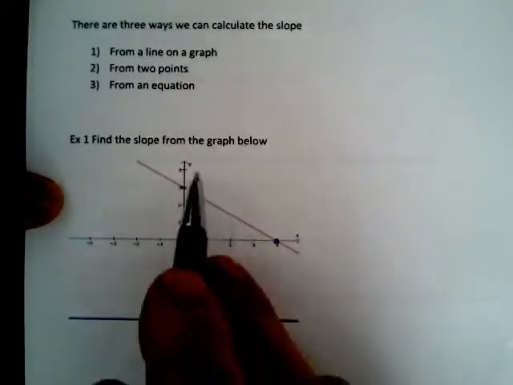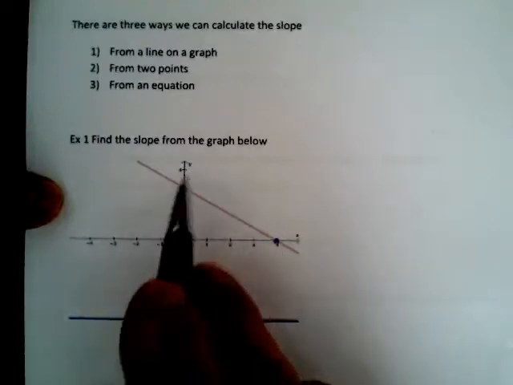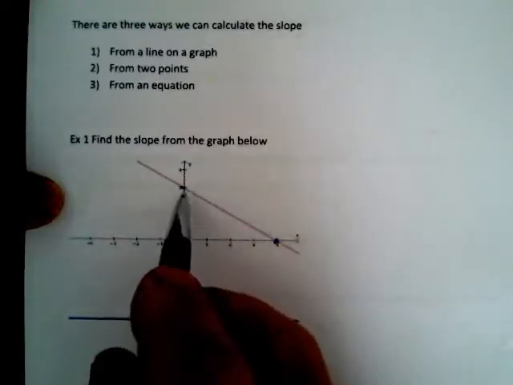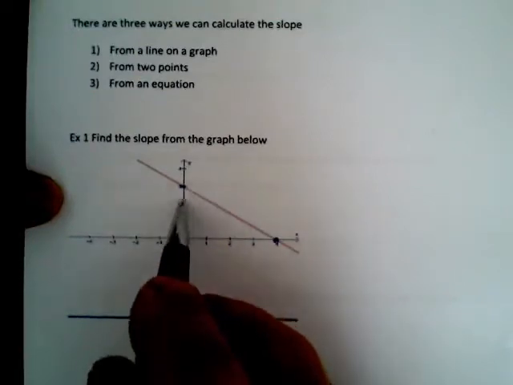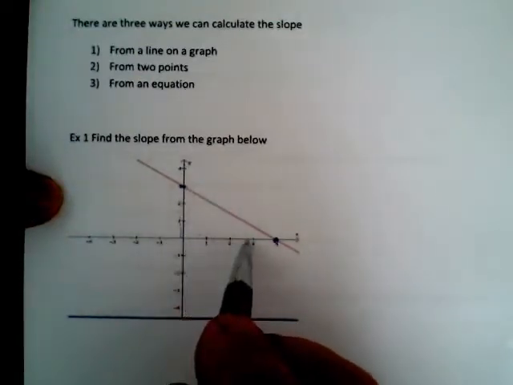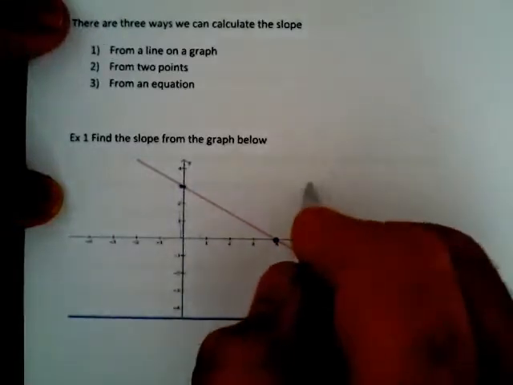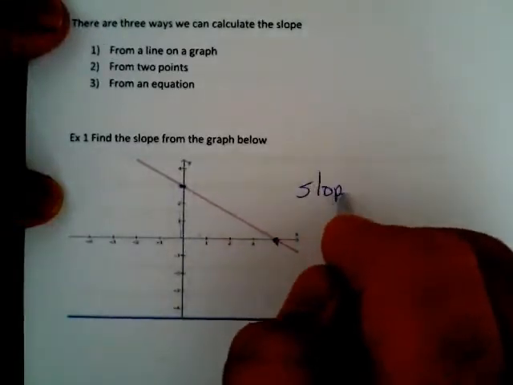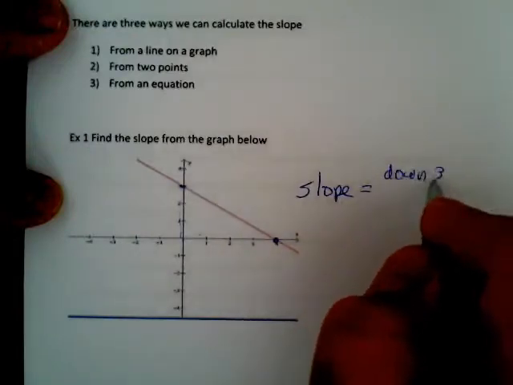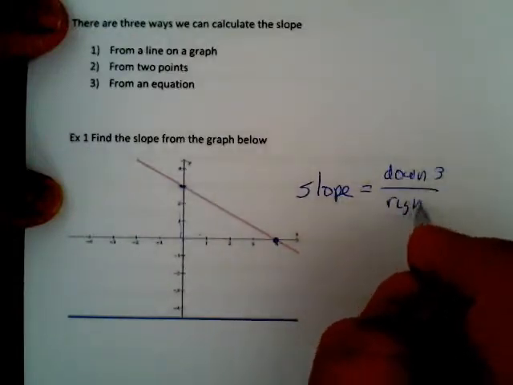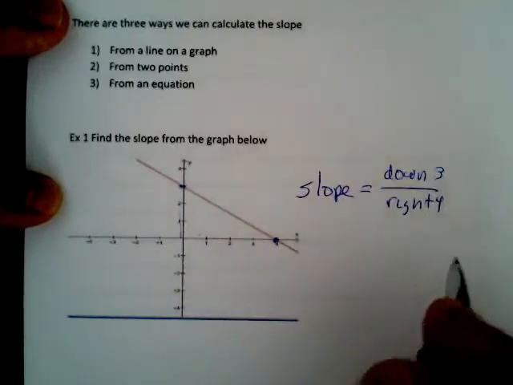You don't always have to use the axes; it's just that in this case, it's easier. To find my slope, I do my rise, which means I go down 3 and to the right 4. So my slope is down 3, right 4.